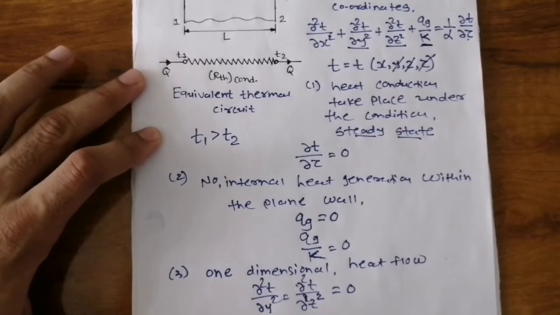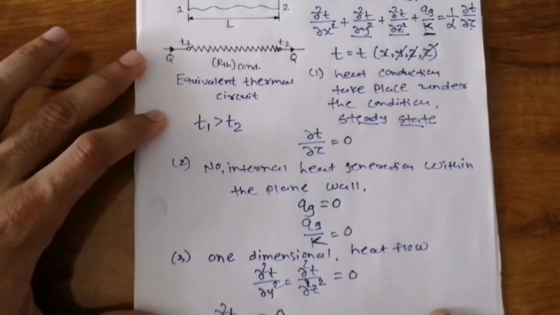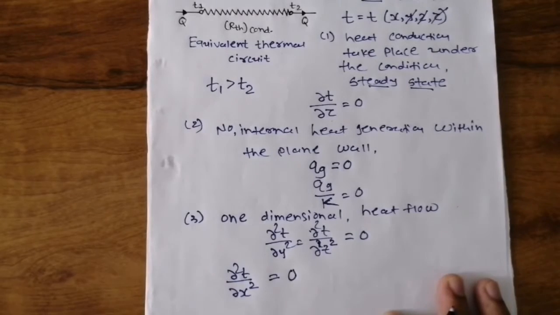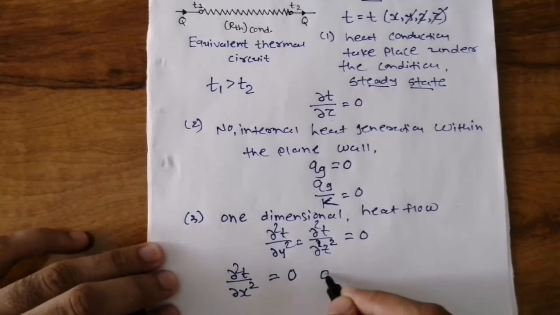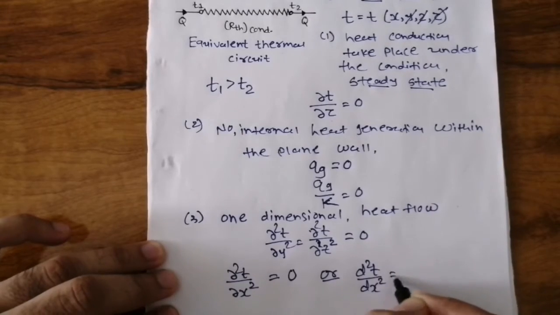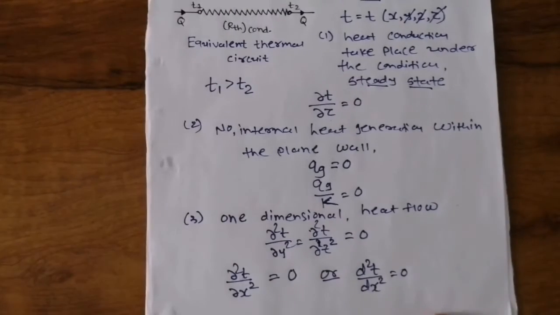So our term will be del square T by del x square is equal to 0. Or we can also write K d square T by del x square is equal to 0.